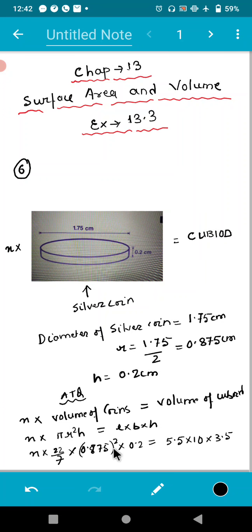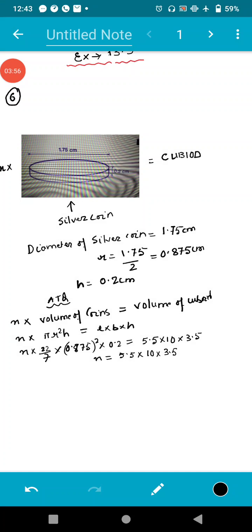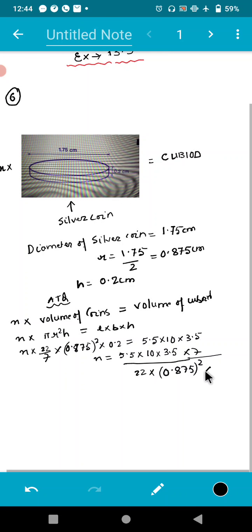Now we have to get the value of n. So n would be 5.5 into 10 into 3.5, divided by 22 by 7 into 0.875 whole square into 0.2.